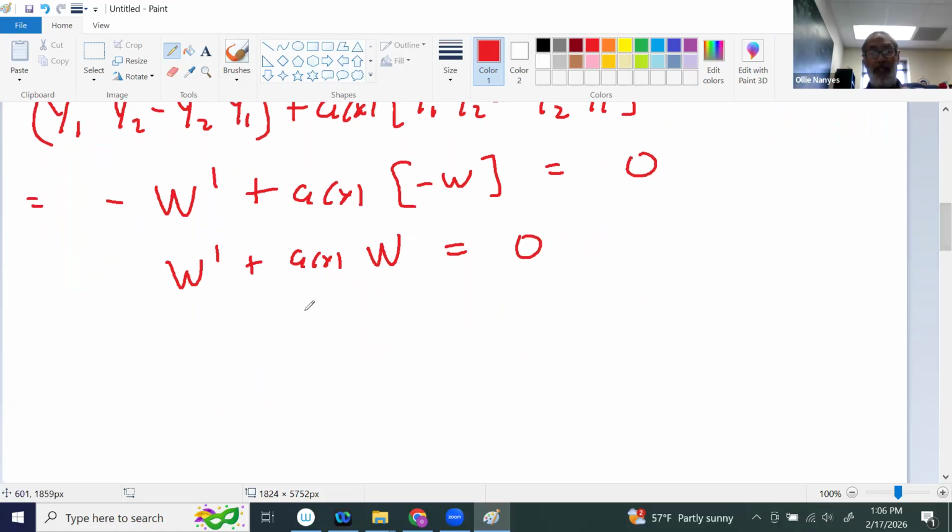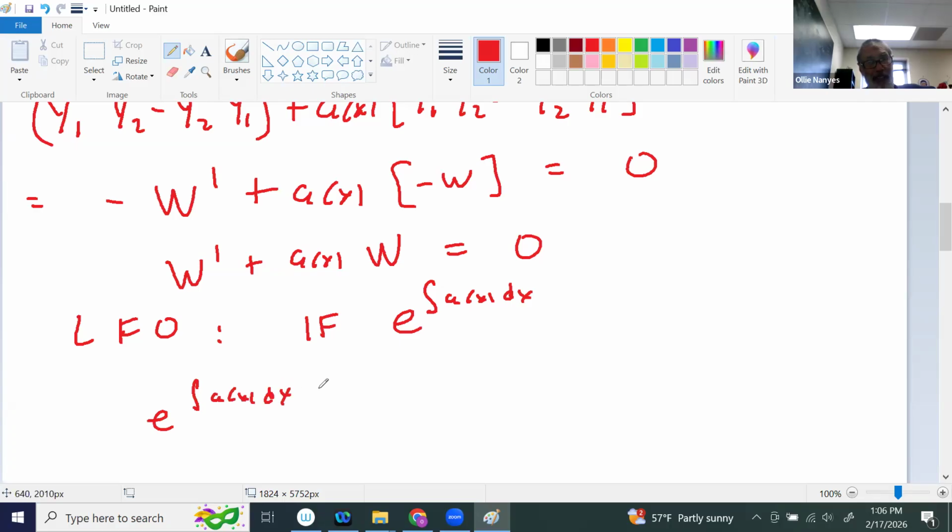That's good. We've seen this differential equation before. This is linear first order. Therefore, its integrating factor, as we learned in class, is e to the integral of a(x) dx. So if you multiply both sides by the integrating factor, we get the perfect product rule derivative.